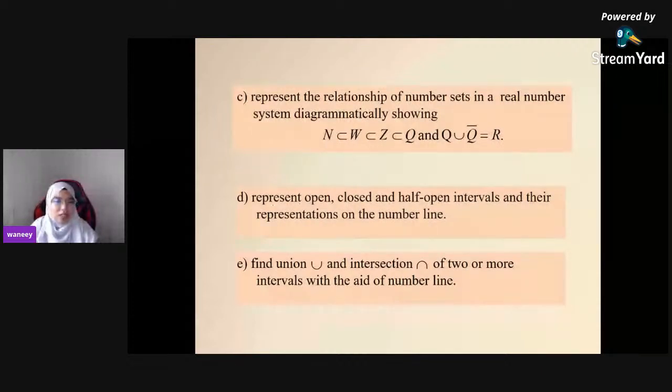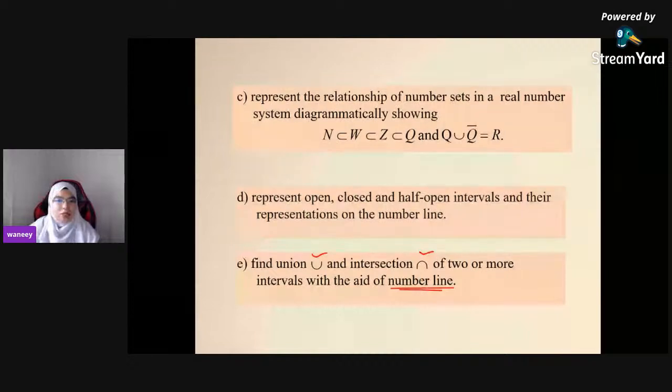Okay, so now D, you should be able to represent the open, close, and half open interval and their representation on the number line, and then find the union and intersection of two or more interval with the aid of number line. So normally if you want to do the union or intersection, you must use number line.